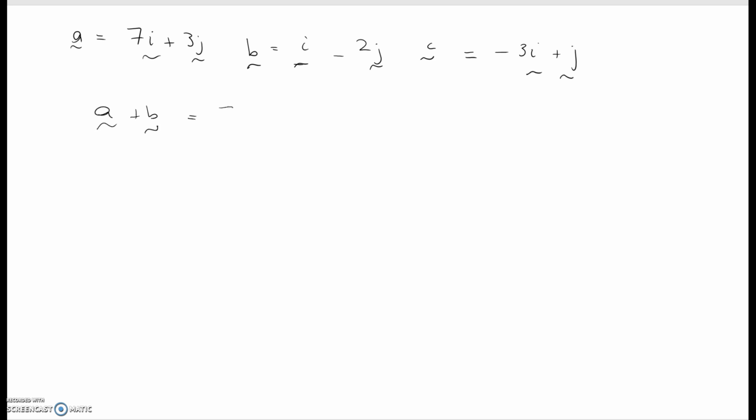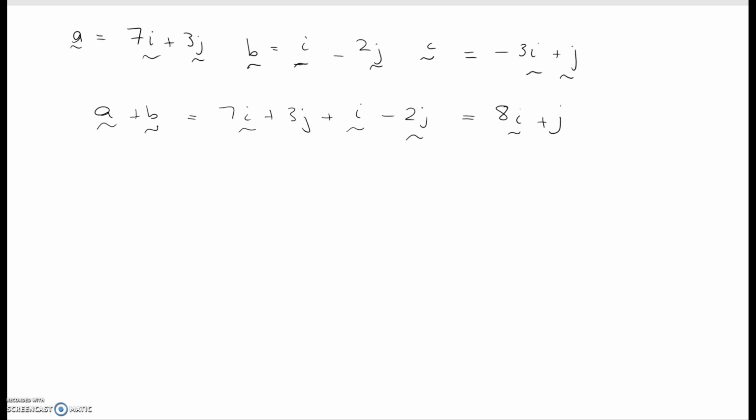It's going to be 7i plus 3j plus i minus 2j, and the net result of that would be 7 and 1 is 8i, and 3j minus 2j would be j.